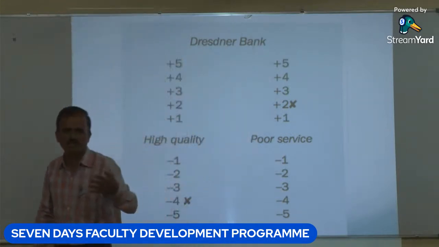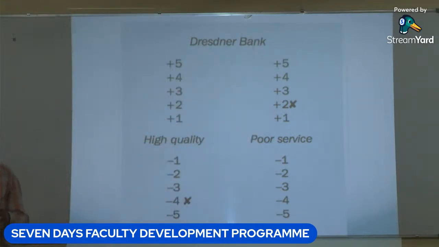Because if it is so high quality, but the answer is negative, it means the service is poor, and it should be positive. That's why we must be very careful, because in some of the cases, for example in our subject, in the majority of the cases, especially related to standard of living aspects, the opinions which we get from the respondent in the field are contradictory.